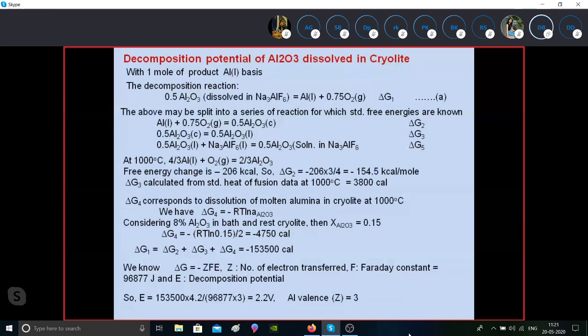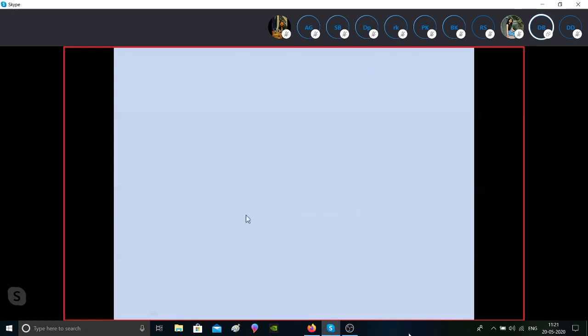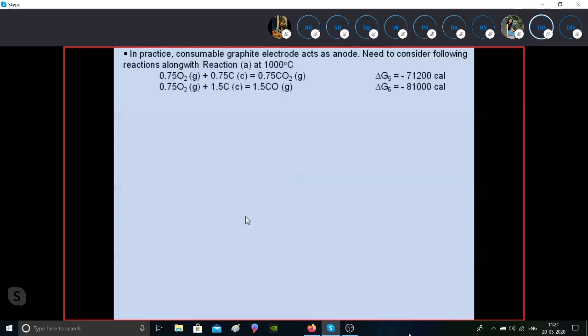In practice, a consumable graphite electrode is my anode. Therefore, we need to consider the following two reactions. Why did I use 0.75 oxygen?